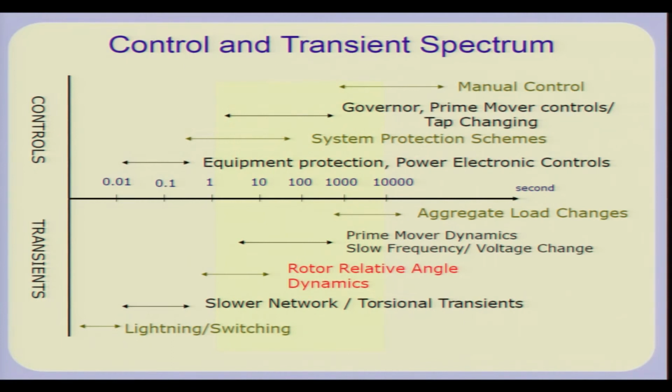If you look at the control spectrum, so to speak, at one end you have protective equipment, that is, equipment protection. Typically, most equipment protection schemes are basically relays and circuit breakers.